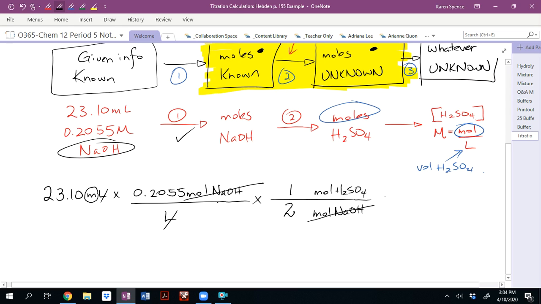At this point, I'm going to put an equals sign. I'll show you how to do it all in one line a little bit later if you're interested. But for now, that gives us 2.3735 moles, not just moles, millimoles of H2SO4.